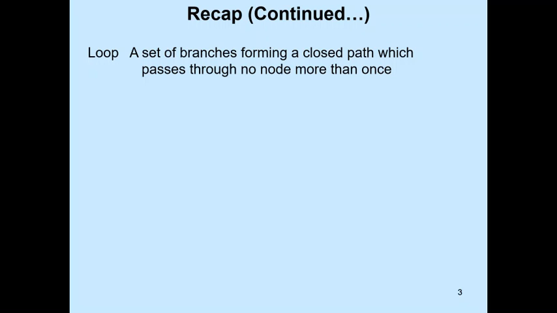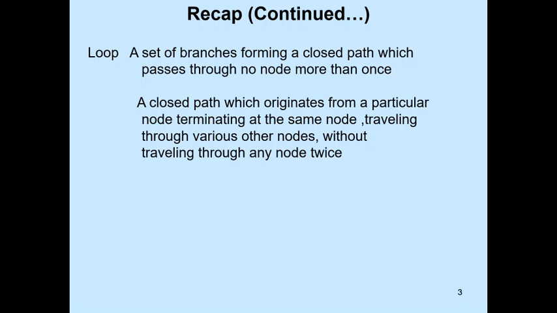Loop is a set of branches forming a closed path which passes through no node more than once. A closed path originates from a particular node and terminates at the same node, traveling through various other nodes without traveling through any node twice. That is the closed path.